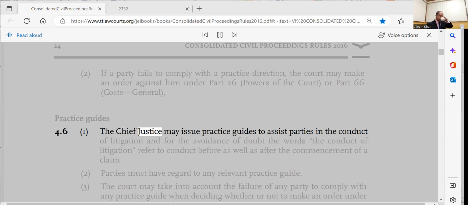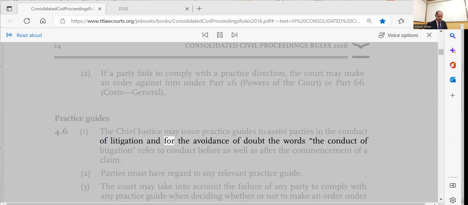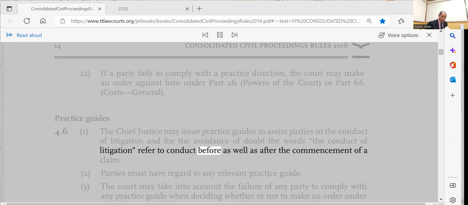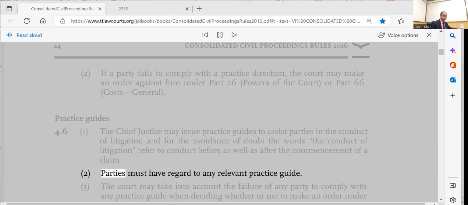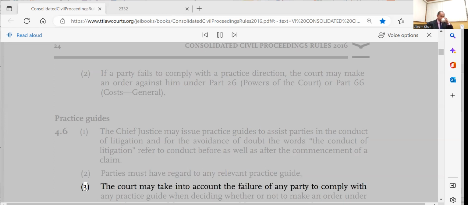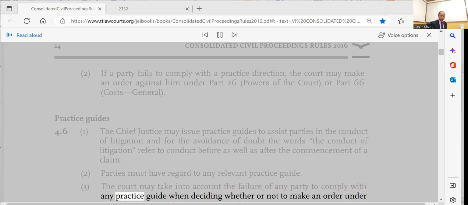The Chief Justice may issue practice guides to assist parties in the conduct of litigation, and for the avoidance of doubt, the words "the conduct of litigation" refer to conduct before as well as after the commencement of a claim. 2. Parties must have regard to any relevant practice guide. 3. The court may take into account the failure of any party to comply with any practice guide when deciding whether or not to make an order under Part 26, Powers of the Court, or Part 66, Costs General.